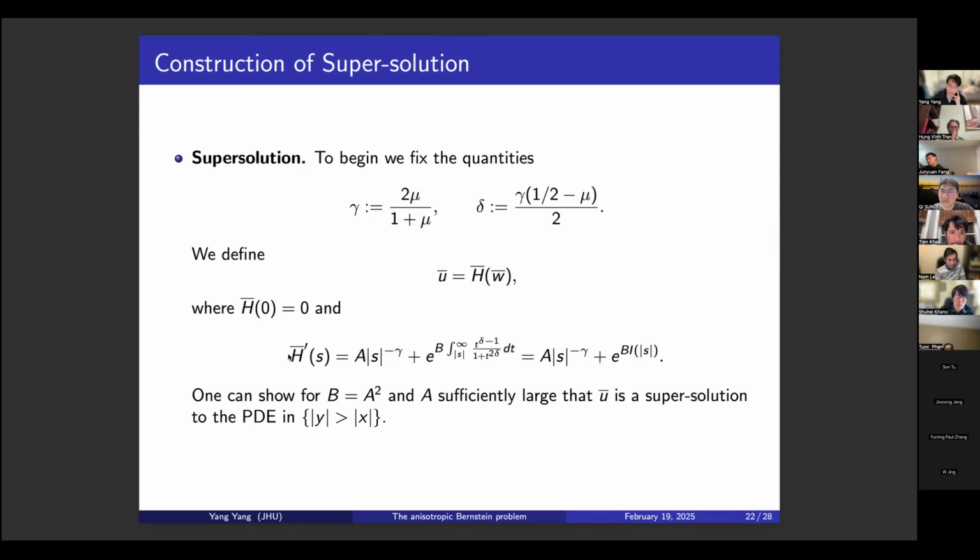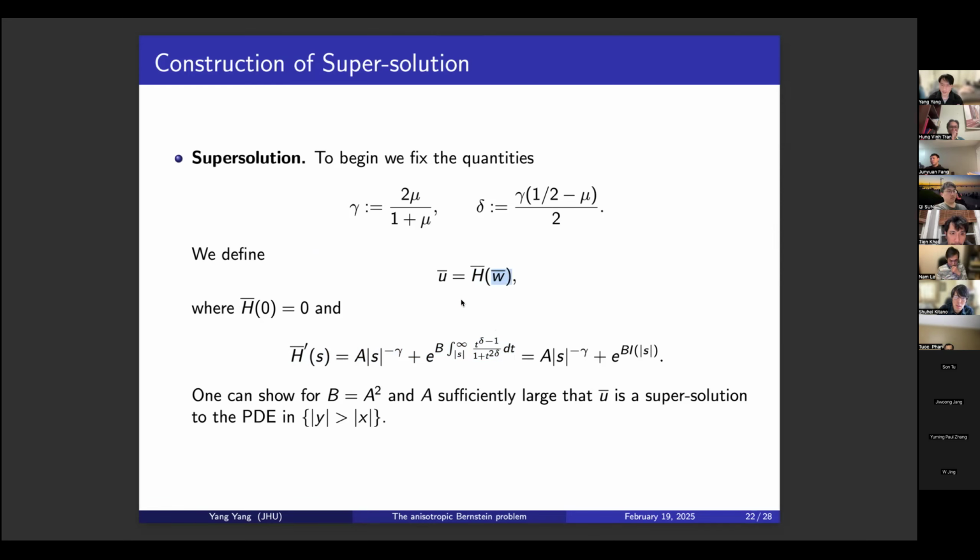You can also see that this H has linear growth at infinity. As S goes to infinity, this just goes to 0, and it goes to 1. So it has a linear growth rate. So it would not change the growth rate of the function W superbar.